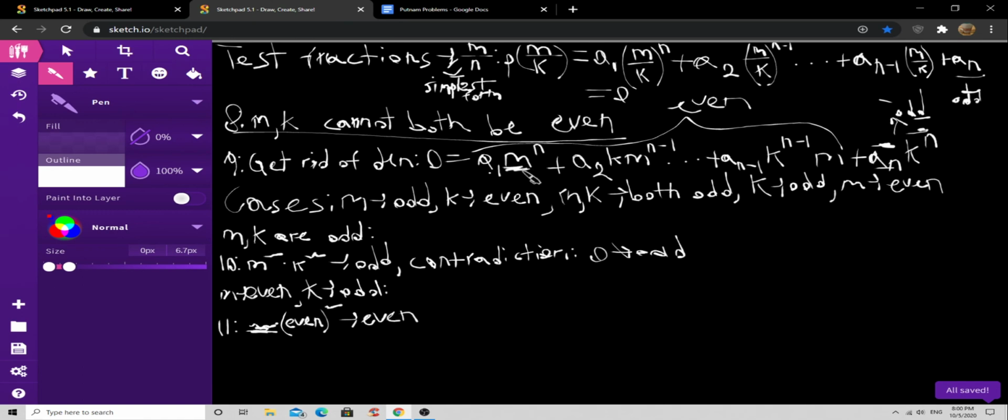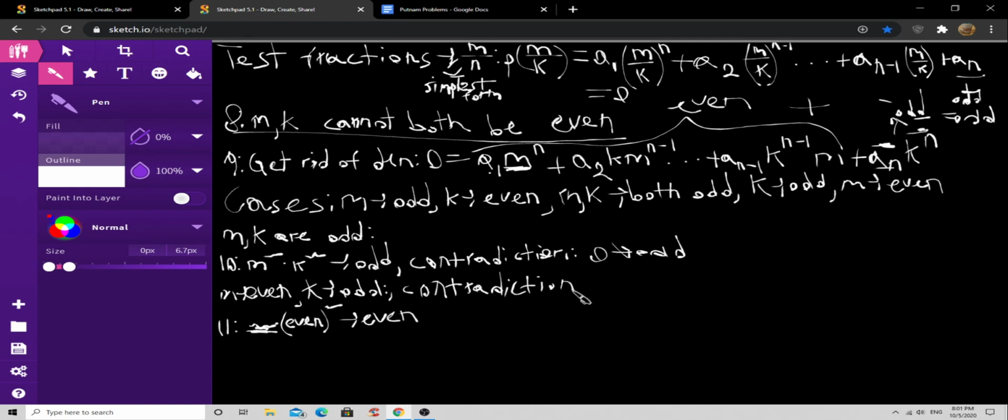Because these contain powers of m, and anything that contains powers of m, of n, or any value will always be even. And even doesn't change the parity. So even plus odd is always going to give us an odd. And here's another contradiction.